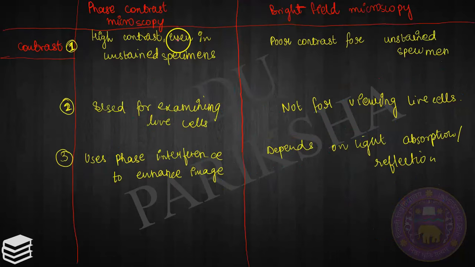In phase contrast microscopy, we get a high-contrast image even in unstained specimens, but in bright field microscopy we get poor contrast for unstained specimens. We can examine live cells like mitochondria in phase contrast microscopy, but for bright field microscopy it is not possible.